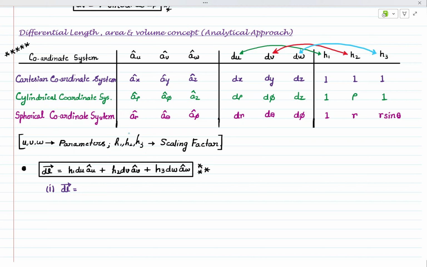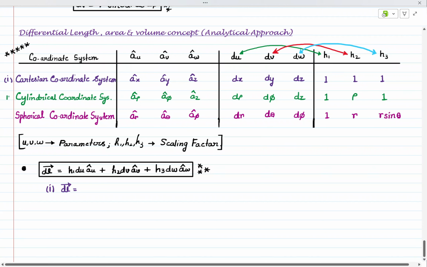So that's what I have written over here also: H1 with du, H2 with dv, and H3 with dw. So dl will be equal to, dl means I am talking about the Cartesian coordinate system. Let me mark over here also, otherwise it will be very confusing for you.